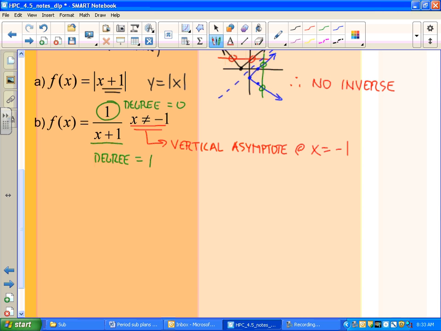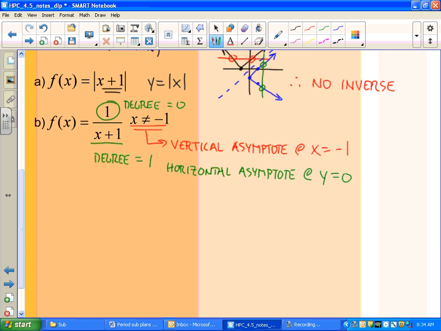When the degree of the numerator is smaller than the degree of the denominator, we have a horizontal asymptote that is going to be 0. So when y equals 0, we have a horizontal asymptote.